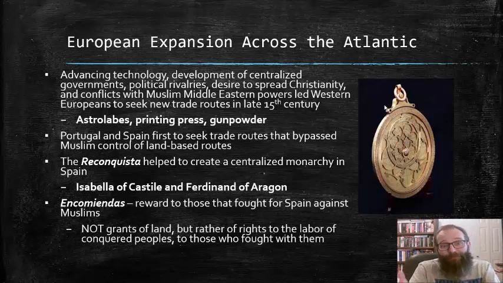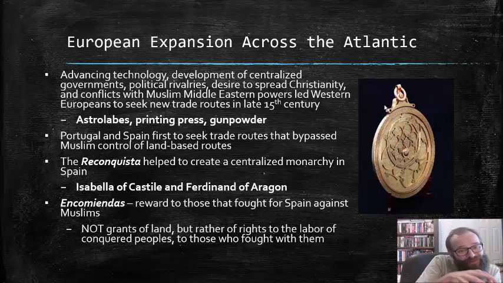Now, when they finally defeated the last Muslim enclave of Granada in 1492 and consolidated their control of much of the Iberian Peninsula, creating the new kingdom or nation of Spain, they rewarded those that fought for the Spanish against the Muslims with what were known as the encomienda.